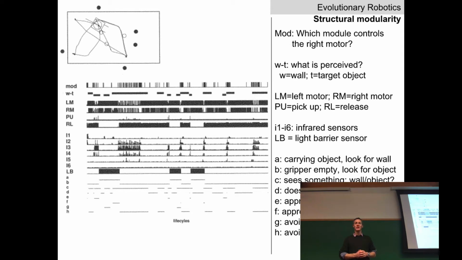Okay. Should we give up? Is there anything here in terms of the robot's behavior? Here are the values of the 6 infrared sensors. Here are the 7 other ways you might modularly decompose this problem. Is there any correspondence here whatsoever?